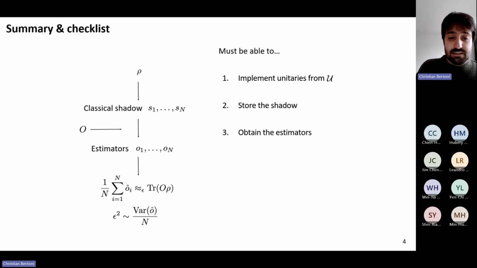And finally, after we've done all of this work, we have our estimators, and so we can start to estimate the expectation values, which is an unbiased estimator, this O hat, which means that for infinitely many samples, we will get the exact value, but we do not want to take infinitely many samples. And we want to know how large this error epsilon is. And of course, this error scales with the variance of this random variable O hat. And so we're interested in bounding the variance of these estimators in order to know how big this error is.